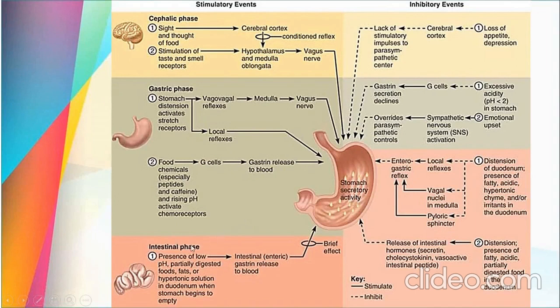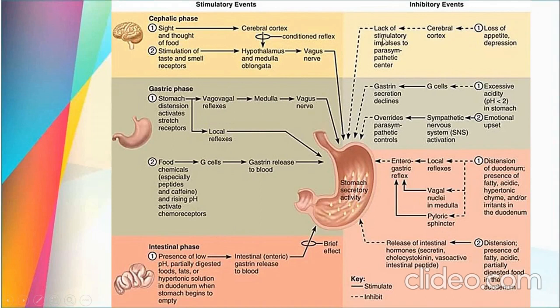Next one is the intestinal phase, with the presence of low pH, partially digested food, fats or hypertonic solution in the duodenum. When the stomach begins to empty into the intestine, gastrin is released to the blood, causing a brief effect, and again the stomach releases acid.